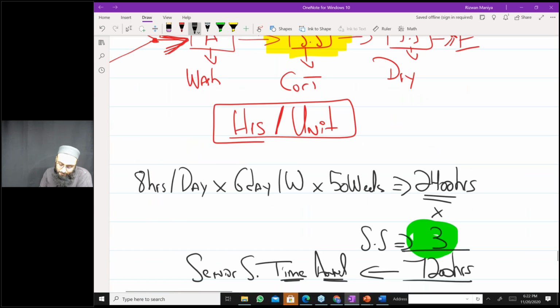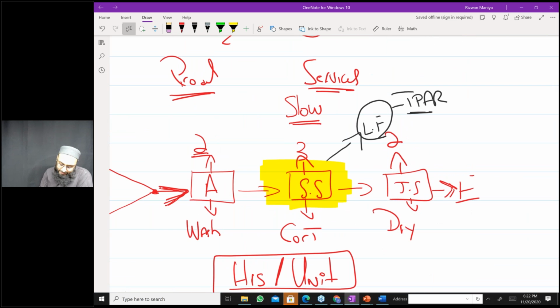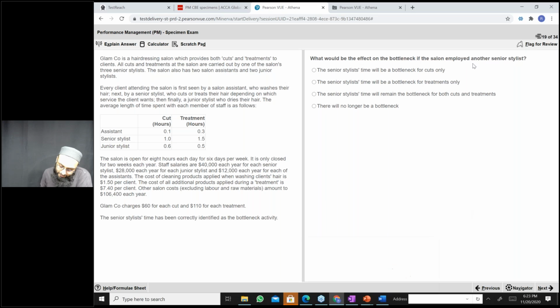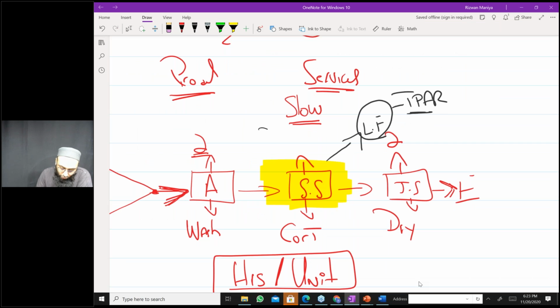Senior stylist is the limiting factor. Agreed? It is saying that right now we have 3 senior stylists, right? If we had another senior stylist, that will be 3 plus 1, 4. So now if you have one more senior stylist here, will senior stylist be the limiting factor anymore or not? This is the question, my friends.